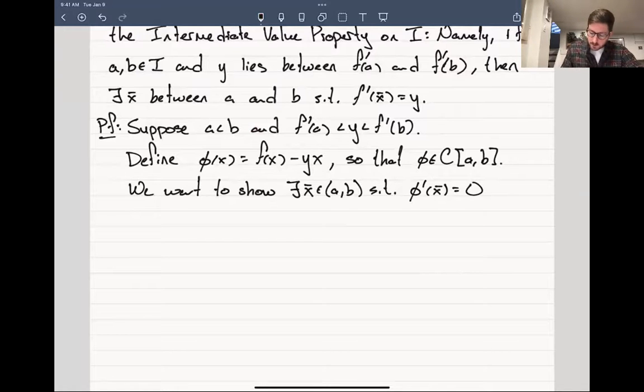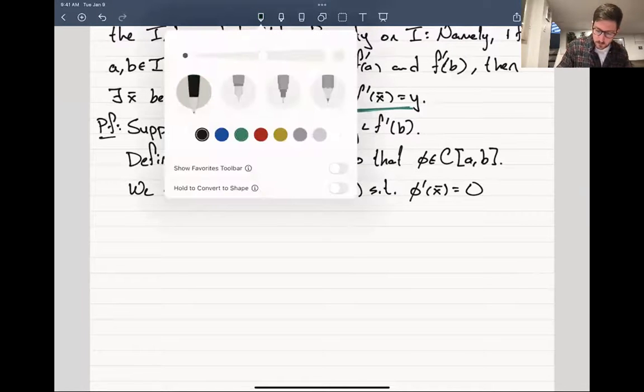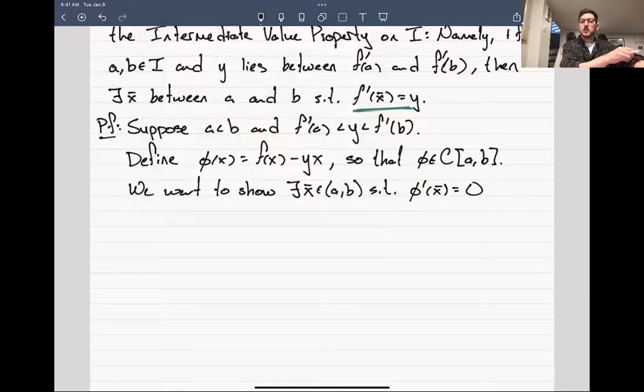Well, if I calculate the derivative of phi, that's f prime minus y. And so if that's equal to 0, that gives me f prime is equal to y, which is, as you can see here, exactly what we wanted to show. So essentially, this comes down to showing that there's a critical point of this function phi.